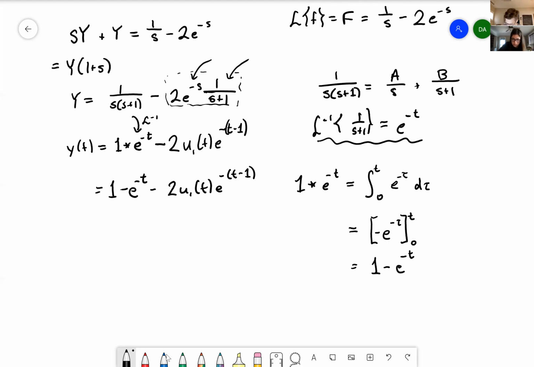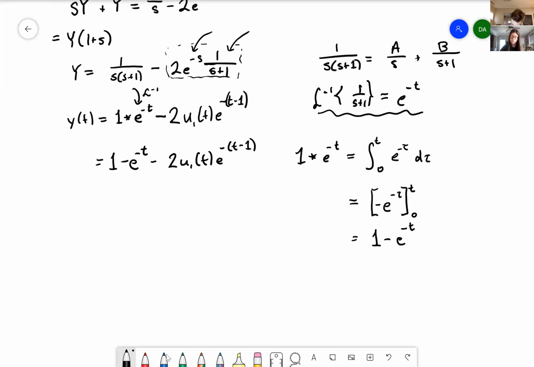Now I'm going to check this against partial fraction decomposition to see what I get. So from that, in a different color, I have 1 equals A times s plus 1. I'll just pause for a second. Is there anything that you feel like I've done incorrectly in this problem so far? Okay. It's totally possible that I have.